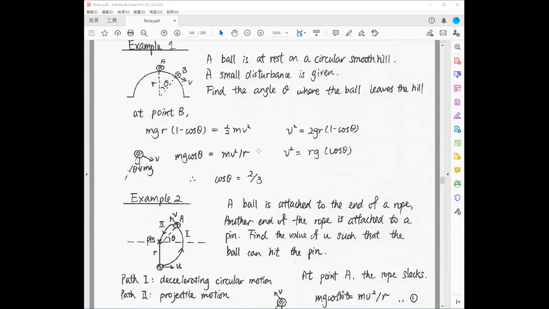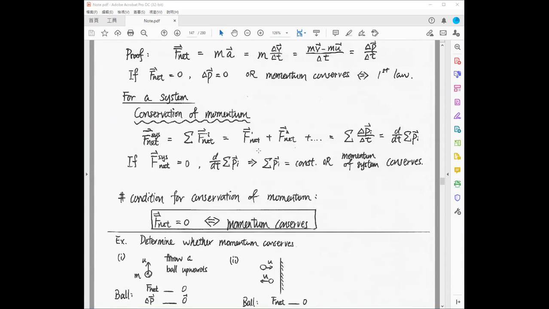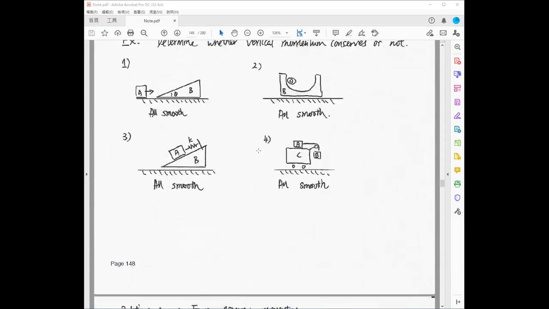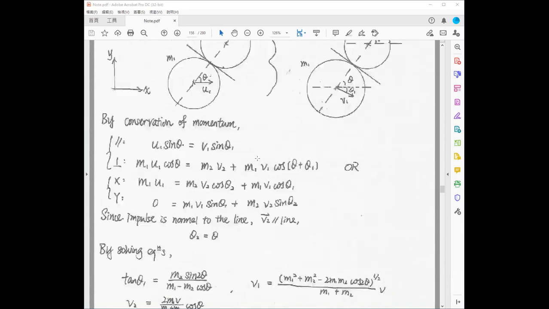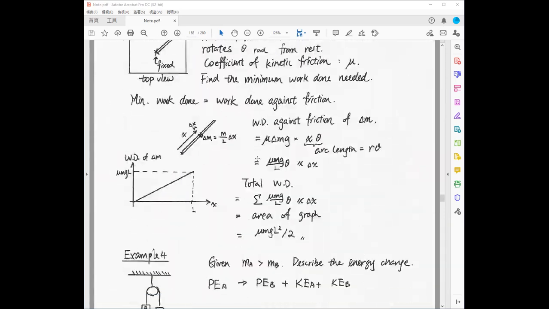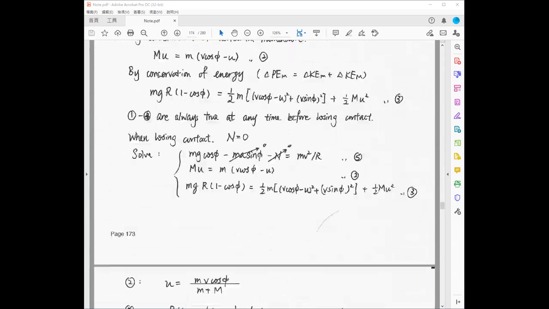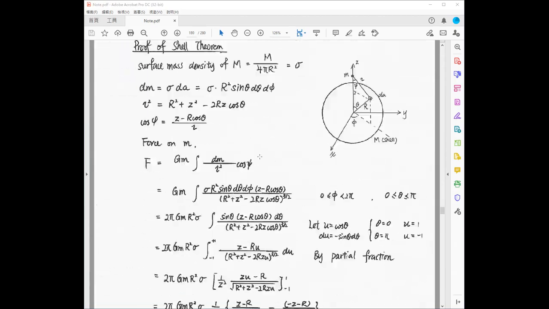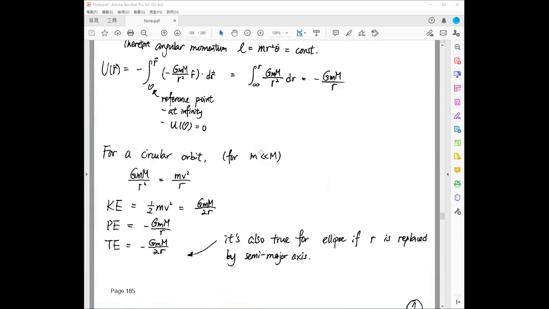Tomorrow, let's talk about momentum. Then Wednesday, we do some exercises about energy and momentum. Then on Thursday, we go to gravitation and circular motion.